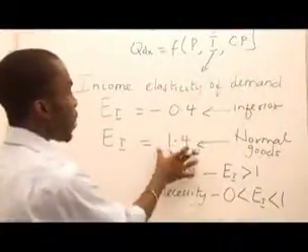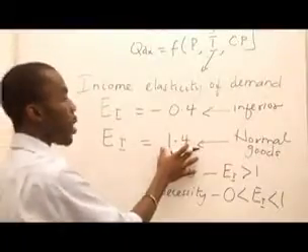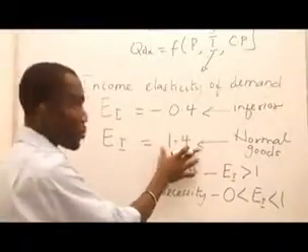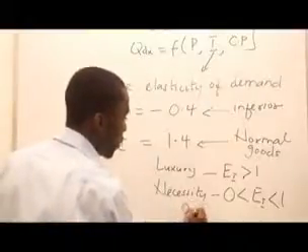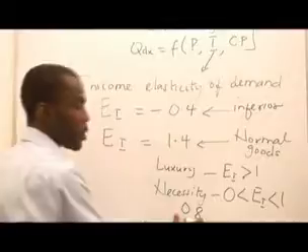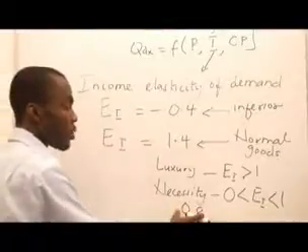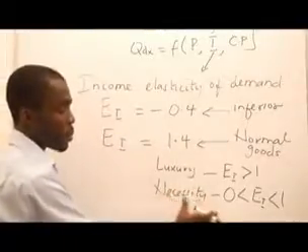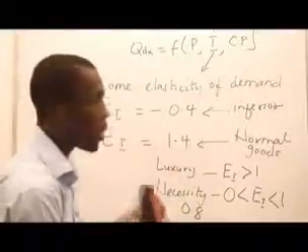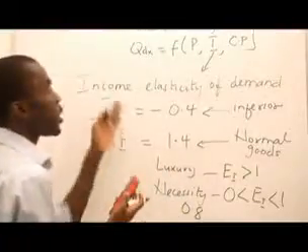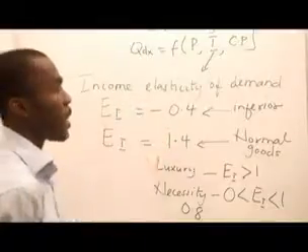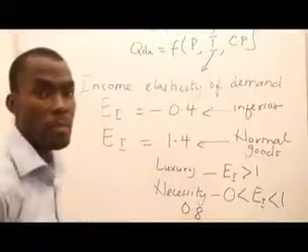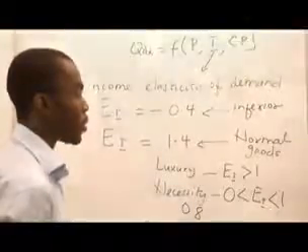So when you get 1.4, it is a normal good, but it is a luxury. But if you calculate and you get, say, 0.8, then this is a normal good, but it is also a necessity because it is between 0 and 1. So for income elasticity, what we are looking out for is the nature of the good, whether it's an inferior good or a normal good.